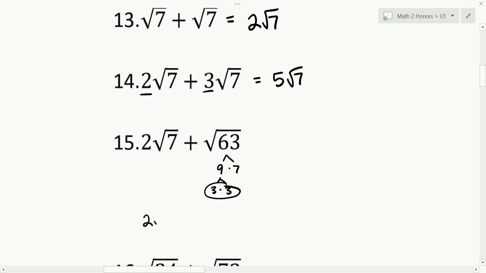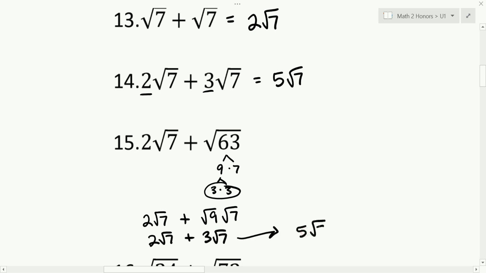And so you get 2 root 7 plus square root of 9 times the square root of 7. So that square root of 7 is coming out now. And we know the square root of 9 is 3. And so we get the same answer as 14, 5 square root 7.